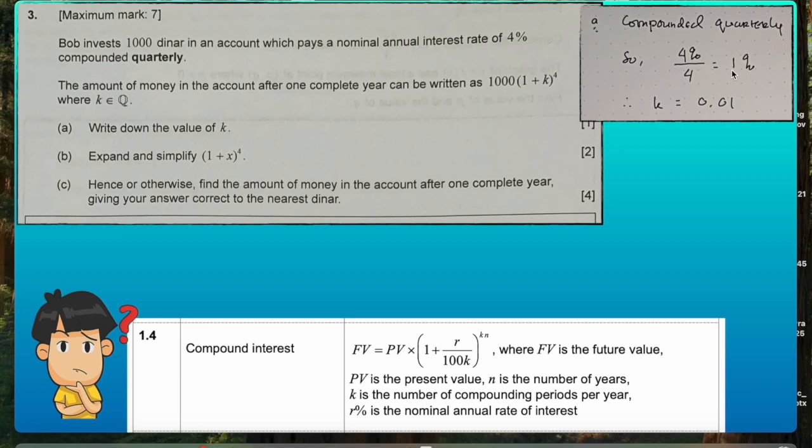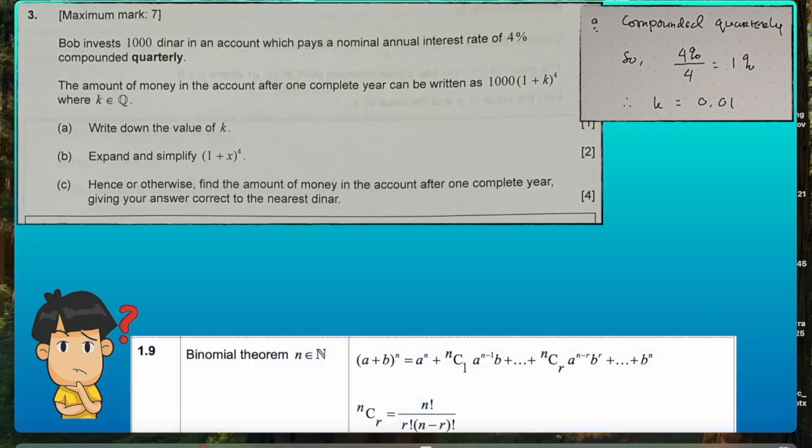That's equal to 1%. Therefore, k is equal to 0.01. Next, the question asks to expand and simplify (1 plus x) all to the power of 4.